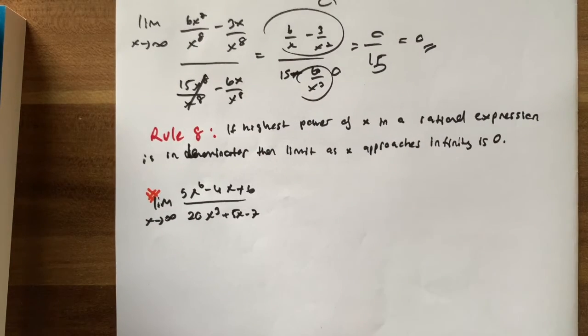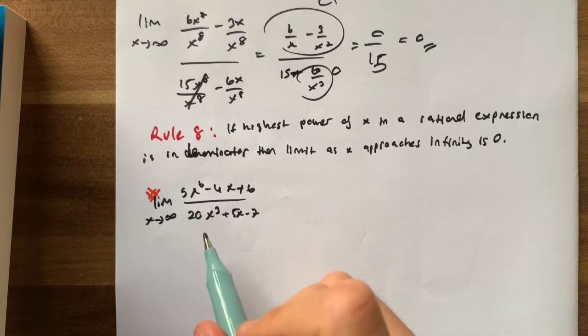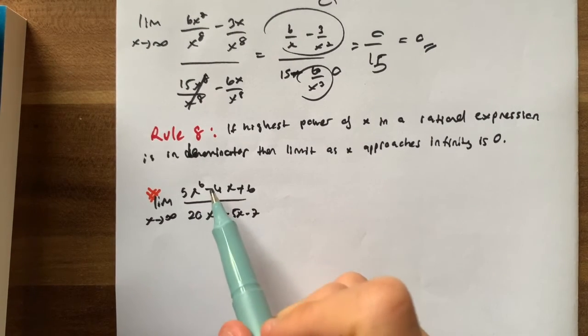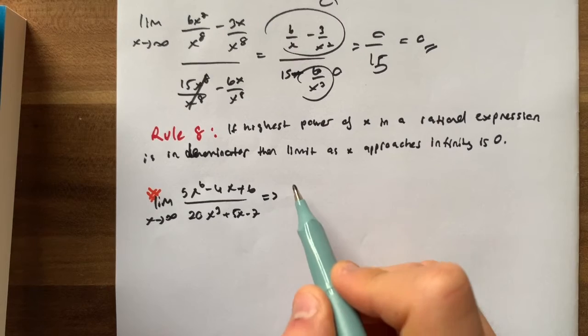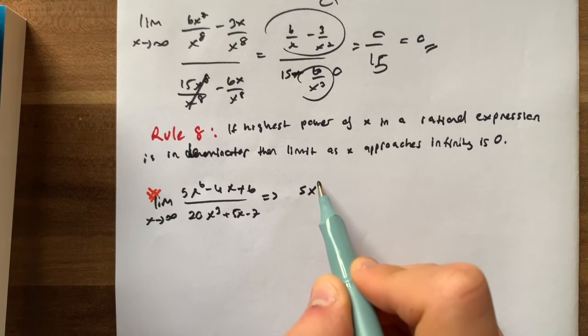So we have another example here. As you can see, this time the highest exponent is in the numerator. We are gonna do the same thing. We are gonna divide by the highest exponent.